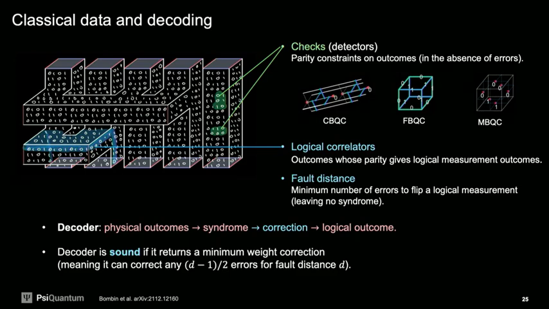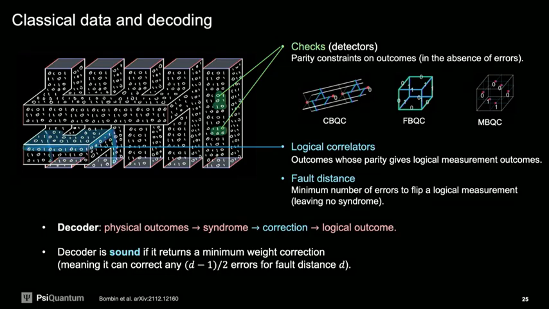A decoder takes a syndrome and produces a correction, which is just an error that is consistent with the syndrome, and then using that correction, you can update the outcome of some logical measurement. That's roughly the idea. And there's this important notion called soundness. We say a decoder is sound if for any syndrome it returns a minimal weight correction that's consistent with it.